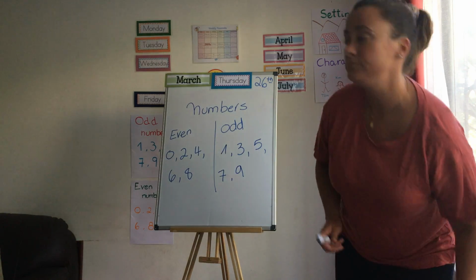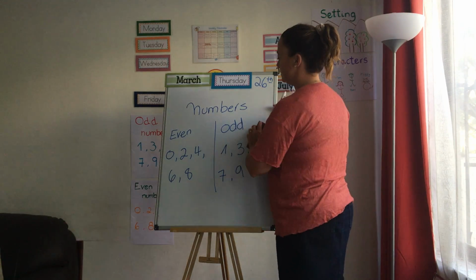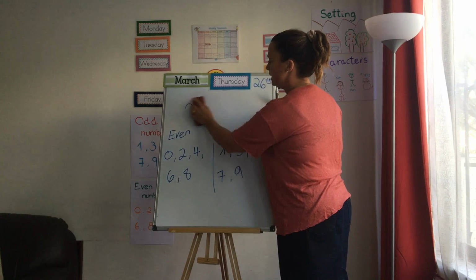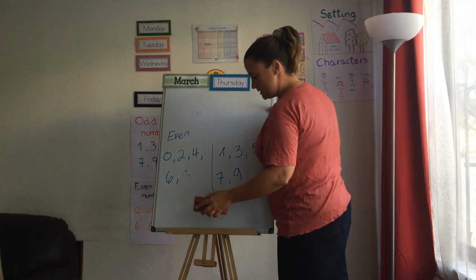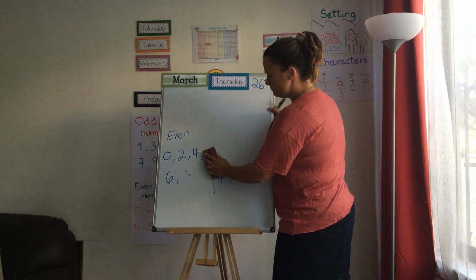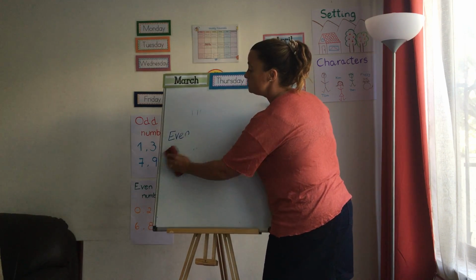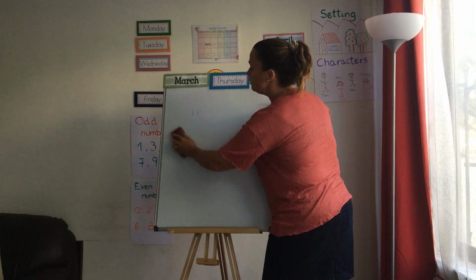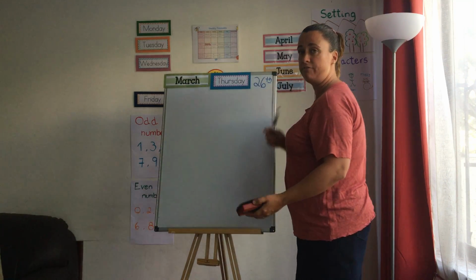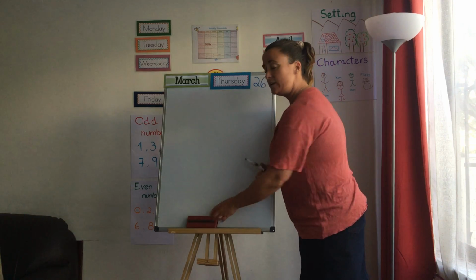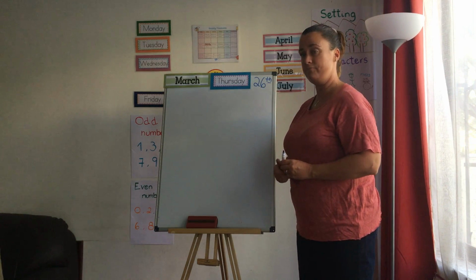Remember also that we saw that it doesn't matter how big the number is. It doesn't matter if it's a very big number or a very small number. I will always be able to see if it's an odd number or an even number. Yeah?